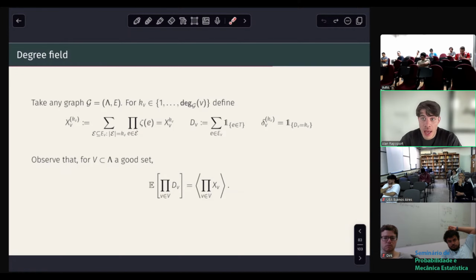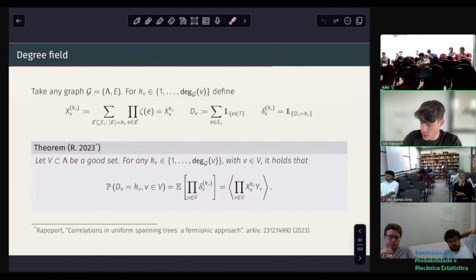And then if you look at how the degree variable is defined, the degree is none other than a sum of the indicator functions. So remember that I had calculated this result in the limit, which was 1 over d to the k, whatever. Well, this was actually just calculating the joint moments of the degree field.